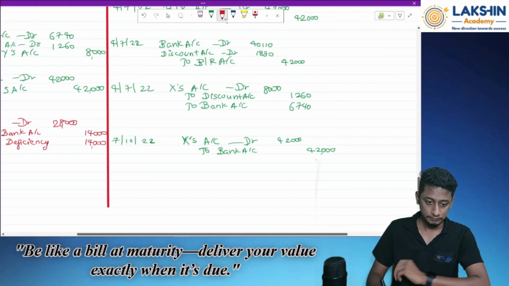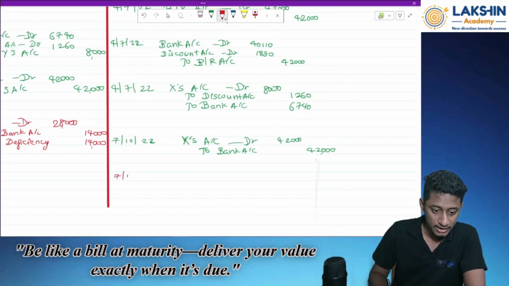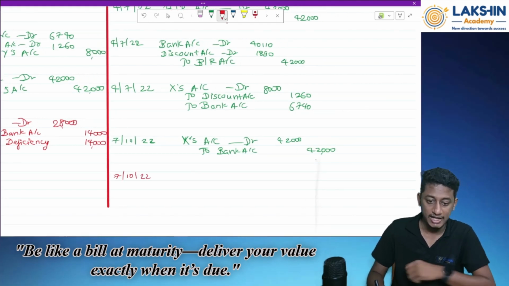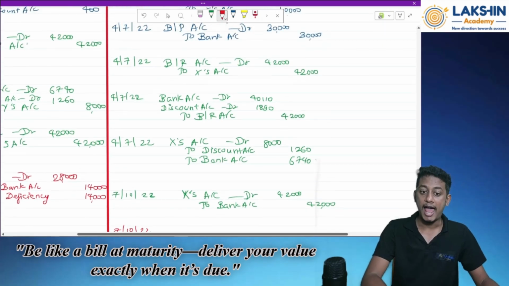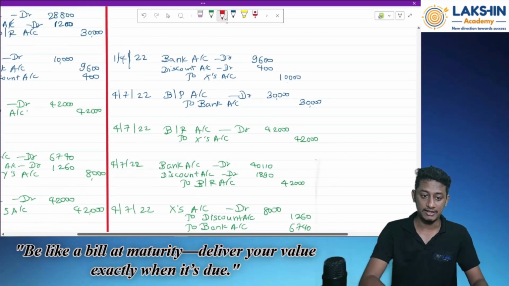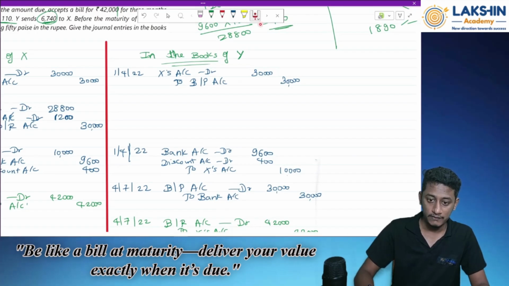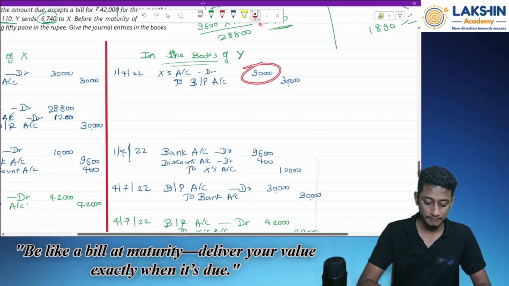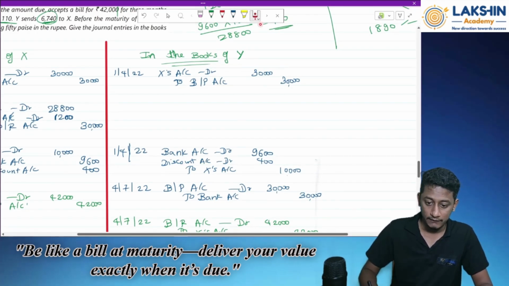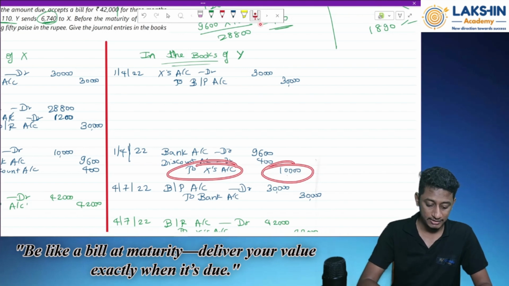Then, in the books of Mr. Y, again do the same exercise over here. Add all the debits, less all the credits. So start from the beginning. First of all, we have an entry for debit for rupees 30,000. Then for 10,000 we have a minus 10,000.